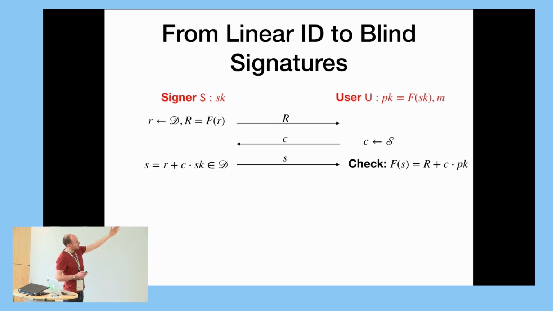But on the side of the prover, nothing changes. So I'm now going to modify the verifier to become the user somehow. So the first additional step that the user is going to do is it's going to sample this alpha and beta, which are blinding parameters. And it's going to use them to blind this commitment that it got from the prover.